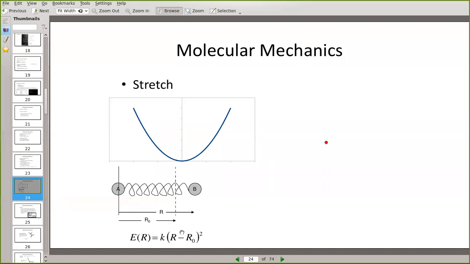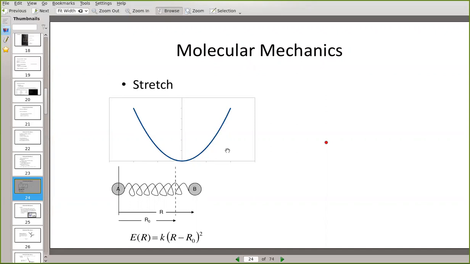So if you have your distance away from equilibrium squared, and if your distance is positive, the energy is going to go up. If the distance is negative, again, it's squared, it's also going to go up. And so if you try and move those atoms away from their equilibrium distance from each other, you're going to see an increase in the energy in both cases. So the lowest energy you can get for a bond is when it is at its equilibrium bonding.